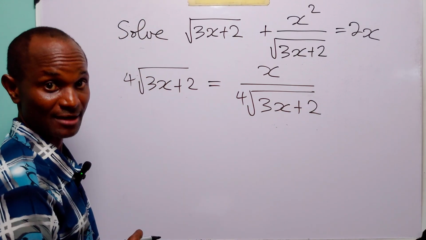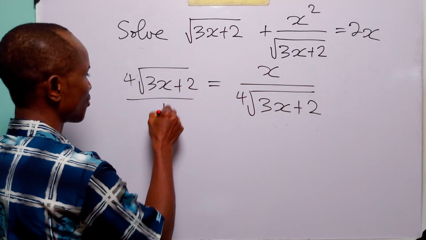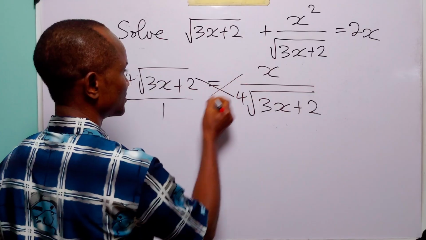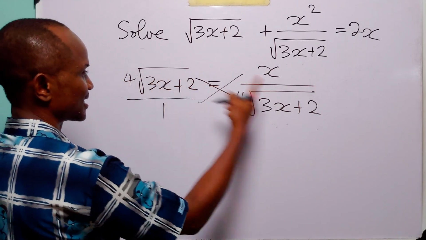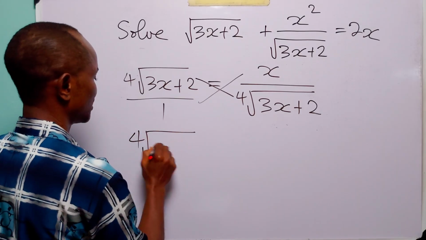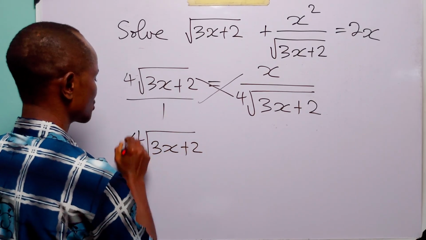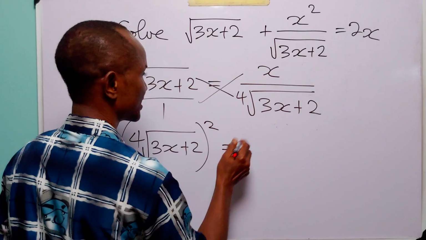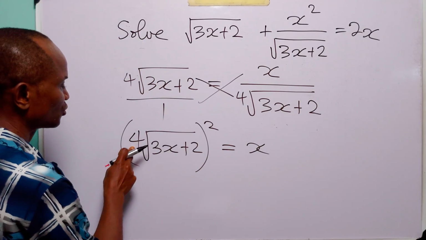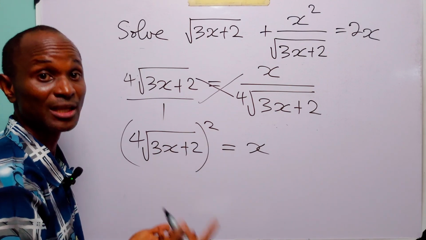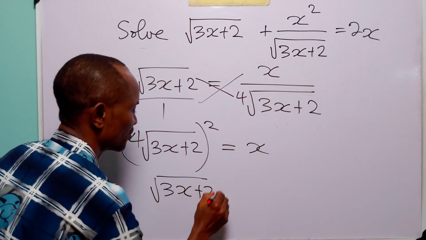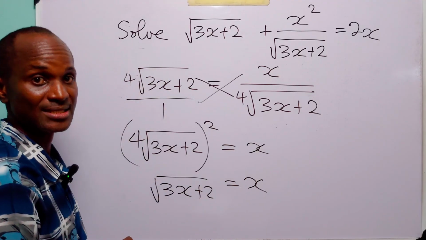And at this point, we can cross multiply. This is over 1. So we have that this times this is equal to this times that. So on the left-hand side, we have the fourth root of 3x plus 2 squared is equal to x times 1, which is equal to x. But the fourth root of 3x plus 2 squared is simply equal to the square root of 3x plus 2. This is equal to x.